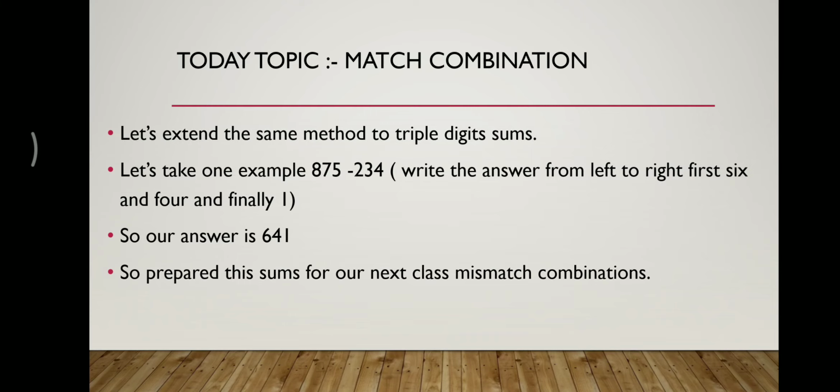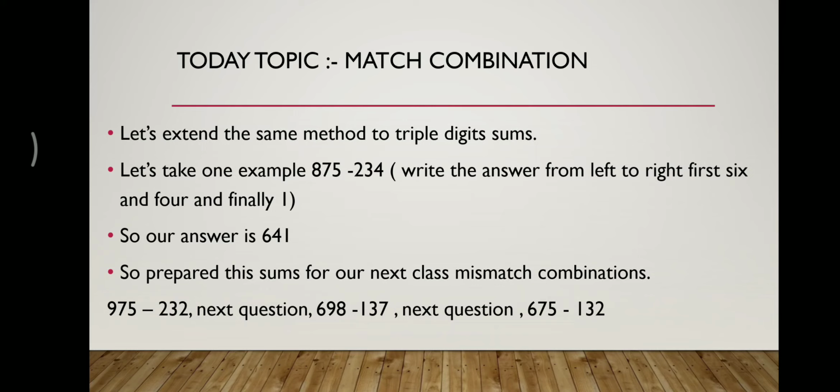So we have prepared these sums for match combination. Here you have learned match combinations, all three concepts in single digit, double digit, and triple digit. Now in the next chapter you are going to learn the mismatch combination solution.